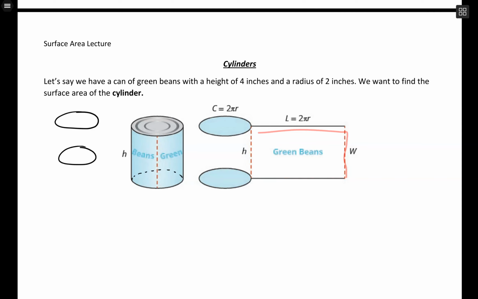It's a rectangle wrapped around the outside, but in terms of a flat surface area, it's just covered by a rectangle. So that's what makes up our cylinder, two circles and a rectangle.